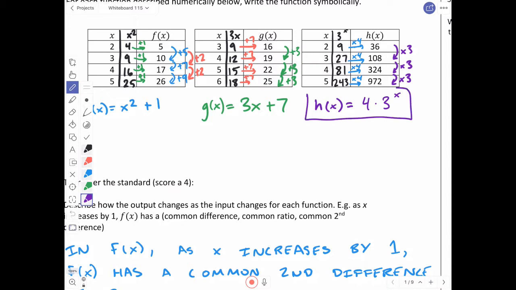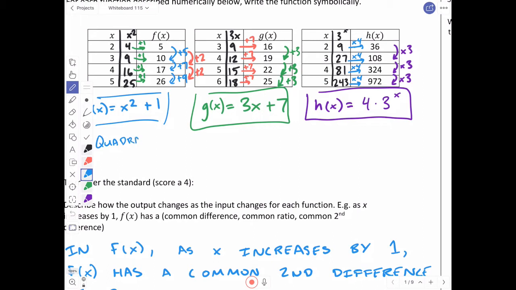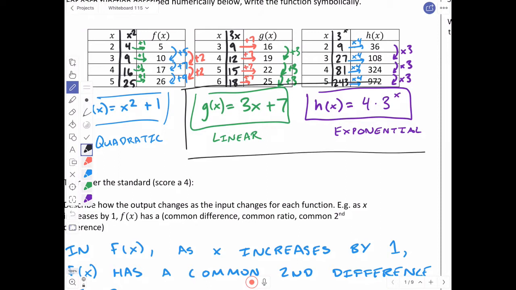Cool. An exponential function, a linear function, and a quadratic function. Quadratic, linear, and exponential. And these two were the ones you studied in Math 1. So they should have been Math 1 review.